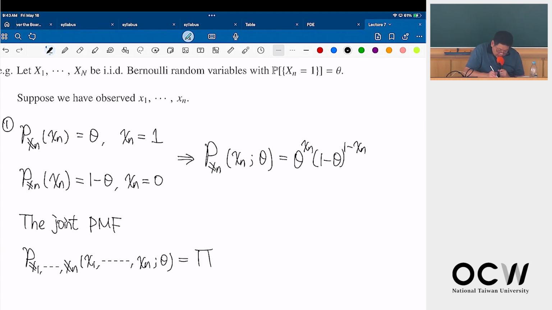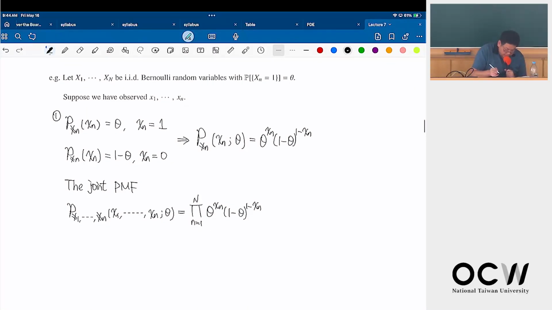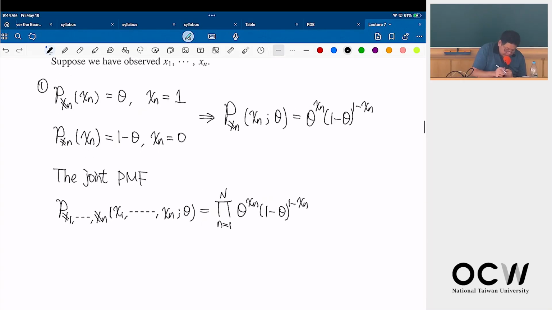Then that'll be the product, n from 1 to capital N, theta to the xn, 1 minus theta to the 1 minus xn. So to find the best theta, we need to take the log. Here we can still take the log because after taking the log, we still preserve the maximum.